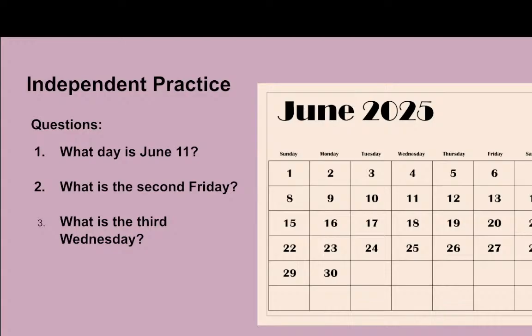What is the third Wednesday? So let's look at the columns. Make sure you look at the top first. Okay, we found our Wednesday. Let's look down. So we have the 4th, the 11th, and the 18th. What do you think is the third Wednesday?